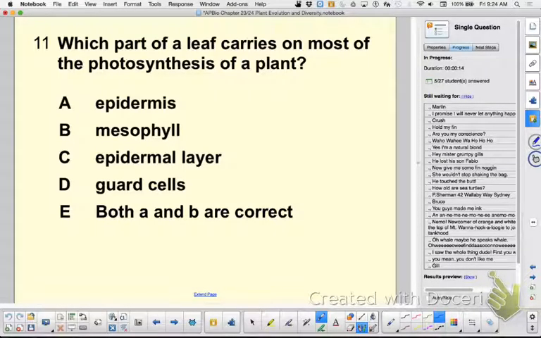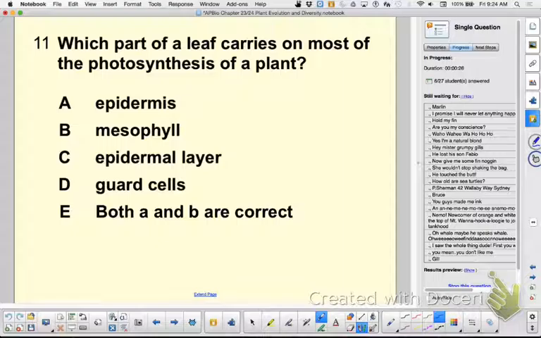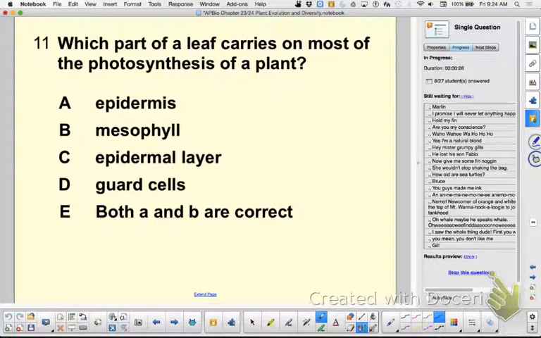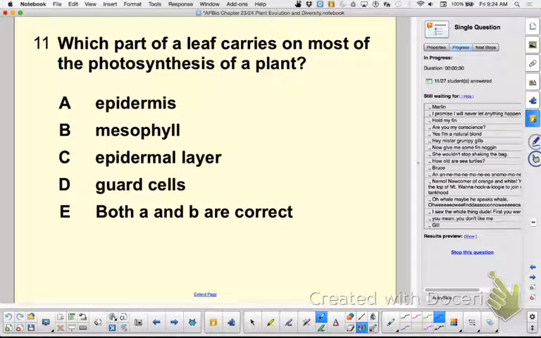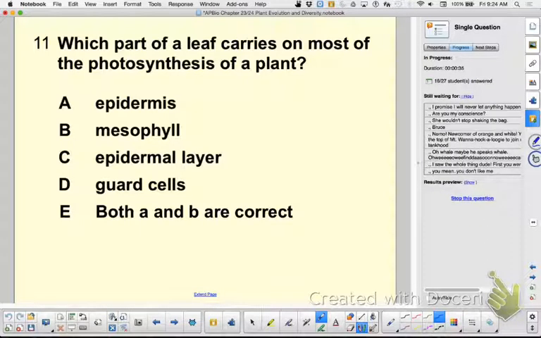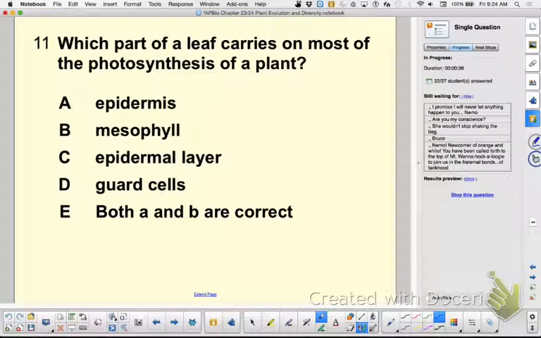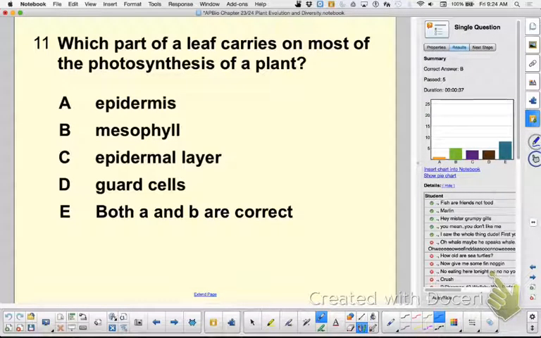What's on the outside of the leaves to protect them from water loss? Waxy cuticle. Good. Mesophyll.